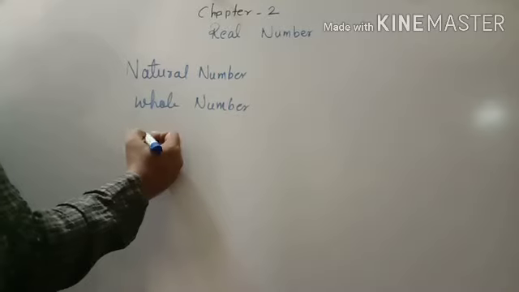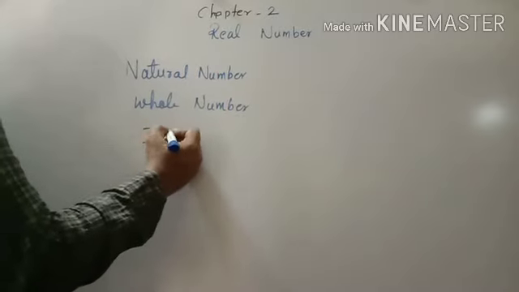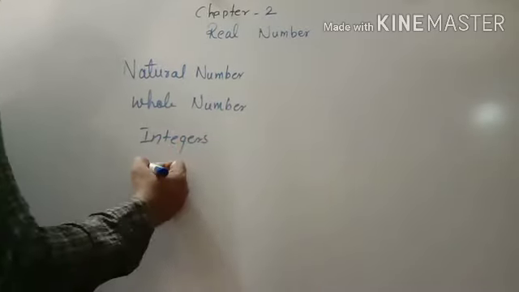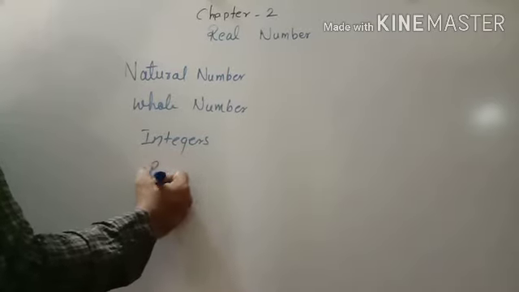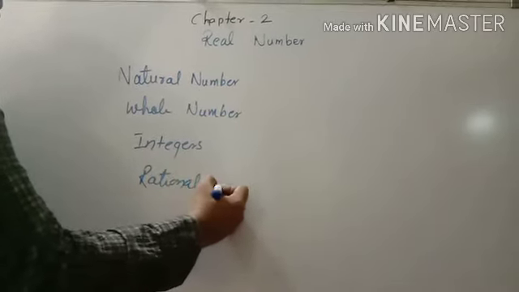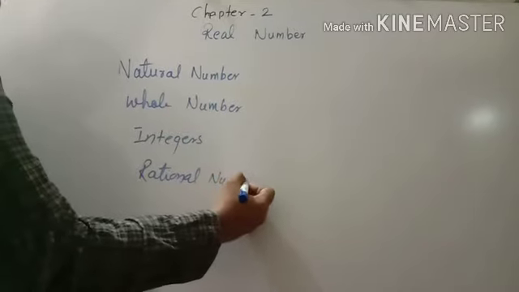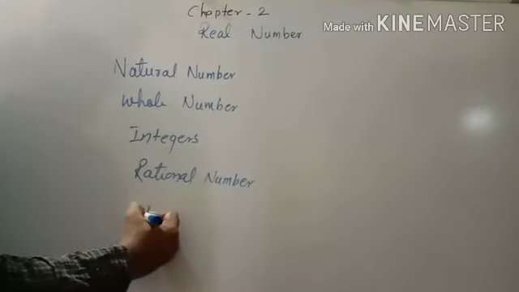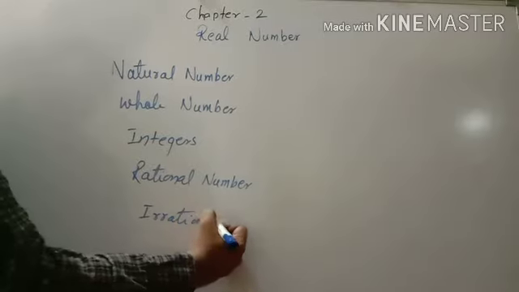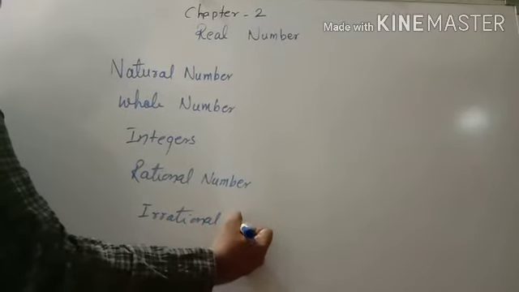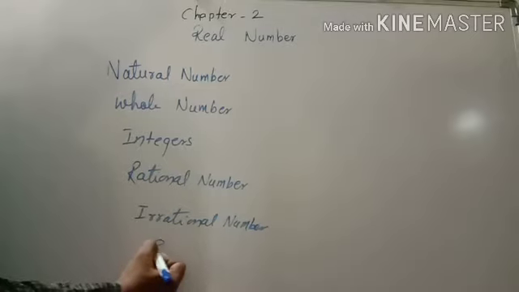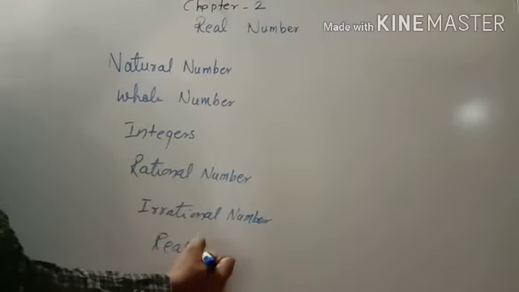Third one is integers. Fourth one is rational number. Irrational number. And last one is real number.